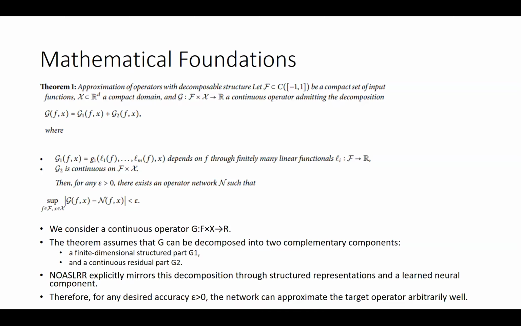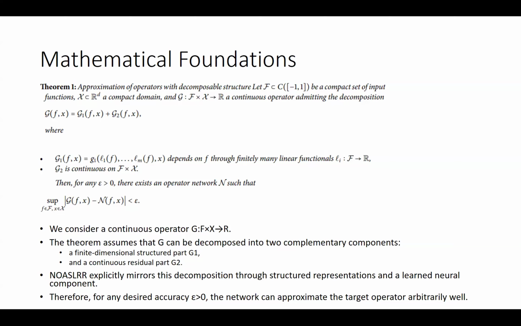The operator can be decomposed into two distinct components, G1 and G2. G1 represents a finite-dimensional highly structured component. It depends on F through a finite number of linear functionals. And G2 represents a continuous unstructured residual component.